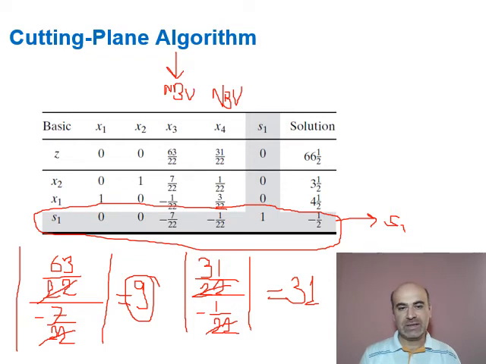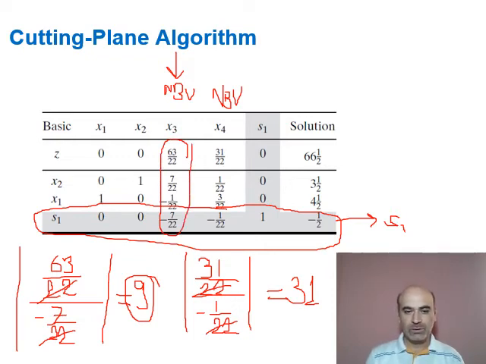Now x3 is the entering variable, s1 is the leaving variable, and this is our pivot column. What do we want to do? We want to replace this s1 with x3 in the basis. S1 has 0, 0, 0, 1, so for x3, I need to have 0, 0, 0, 1 here.